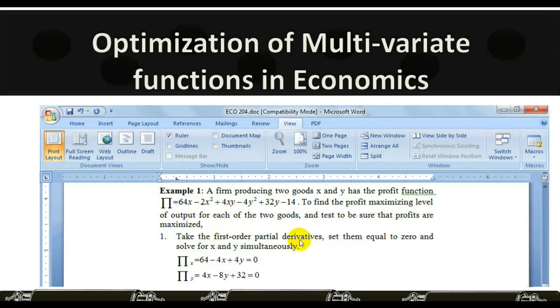Take the first order partial derivatives, set them equal to 0, and solve for x and y simultaneously. Pi_x equals 64 minus 4x plus 4y equals 0. Pi_y equals 4x minus 8y plus 32 equals 0.